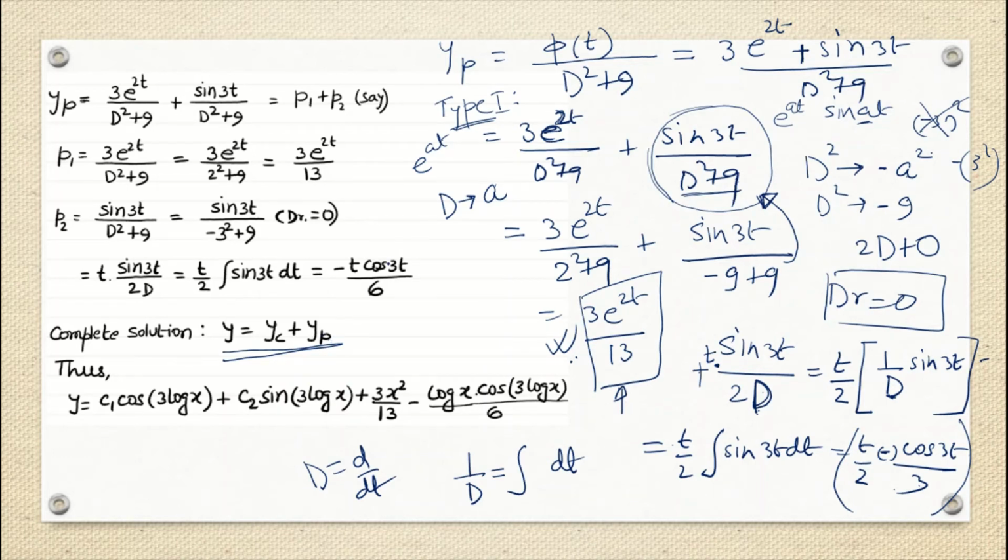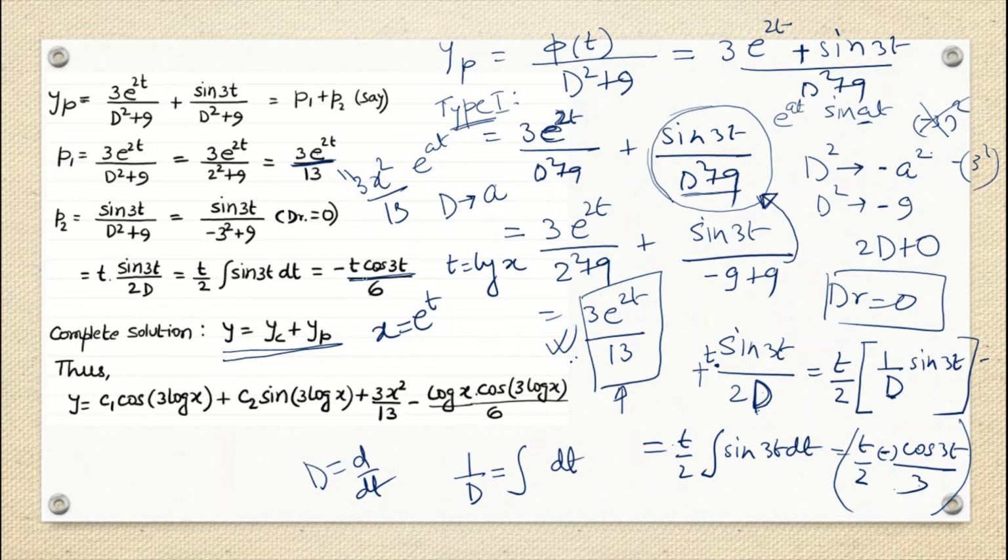So the yp that I am getting here is in terms of t, right? And the question was given to me in terms of x. So I have to substitute back in terms of x. Correct? What we had said there, that e raised to t is my x. So what I'm going to write down here, this e raised to 2t is nothing but 3x square by 13, and here my t will be what? t is nothing but log of x.